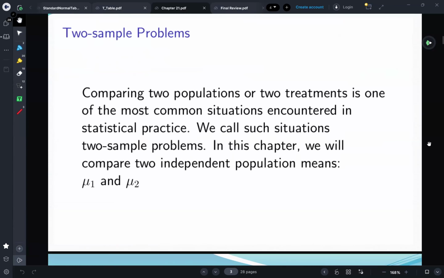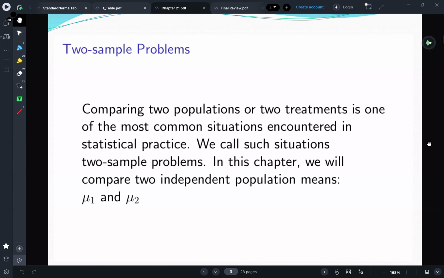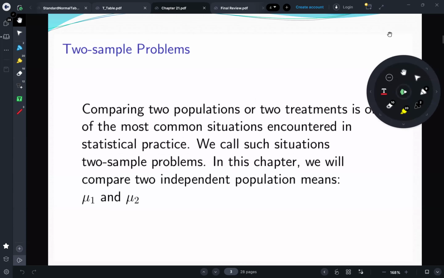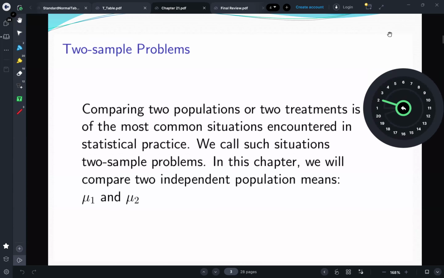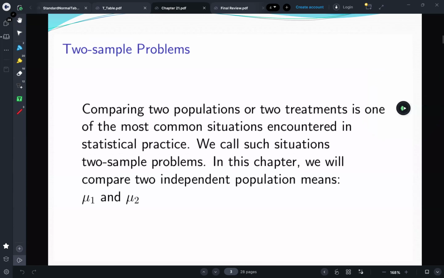Okay, so we're comparing the difference between 2 means. And because we have 2 populations, we need some subscripts, meaning these little numbers right here at the bottom. So we have these subscripts, subscript 1 and subscript 2, and that's a way to distinguish between the 2 samples.